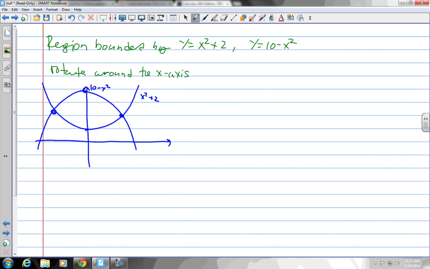Okay? So we can actually start using the formula that we just discovered: whenever the outer function, which is 10 minus x squared, squared, minus the lower function, which is x squared plus 2, squared, times pi. And then the only thing is finding the limits.